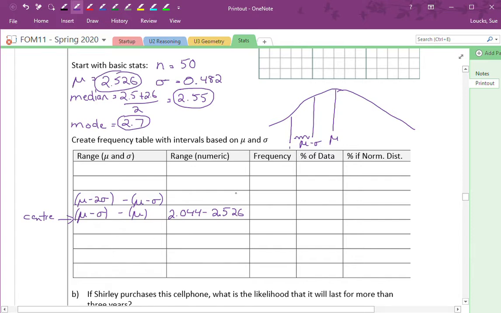This number here is going to be the same, 2.044. And then if I subtract the standard deviation of 0.482, this goes to 1.562. And I'm just going to write in the rest of this for you.